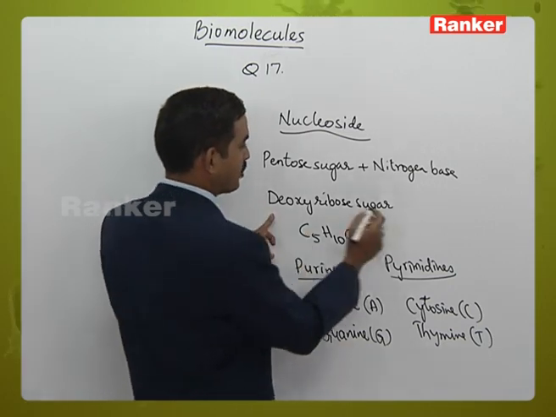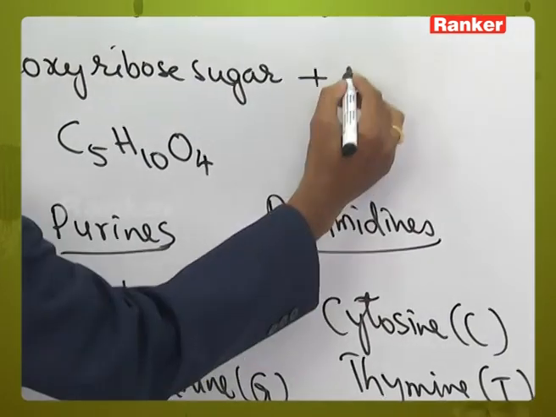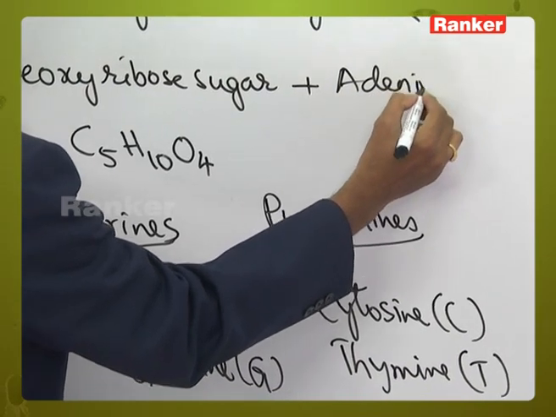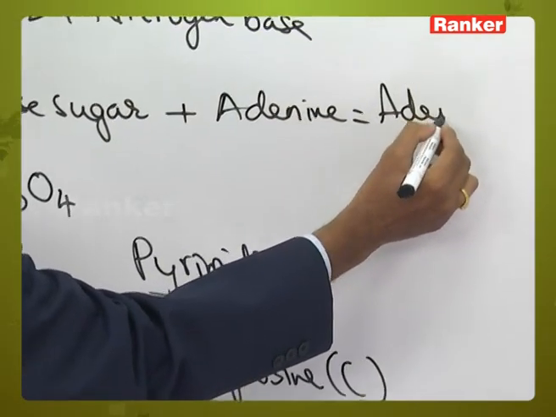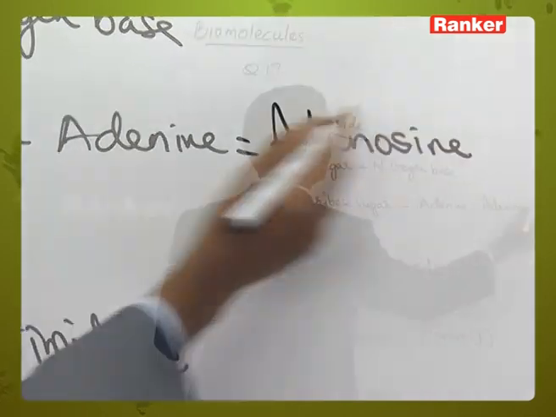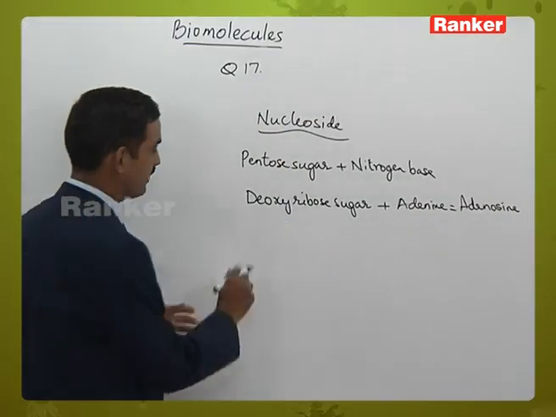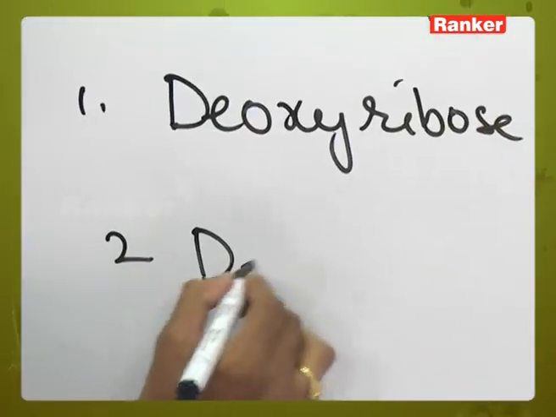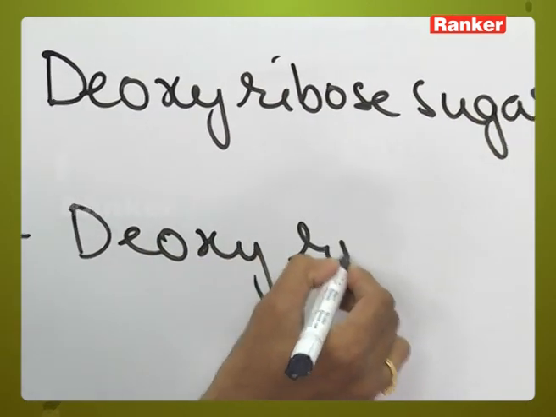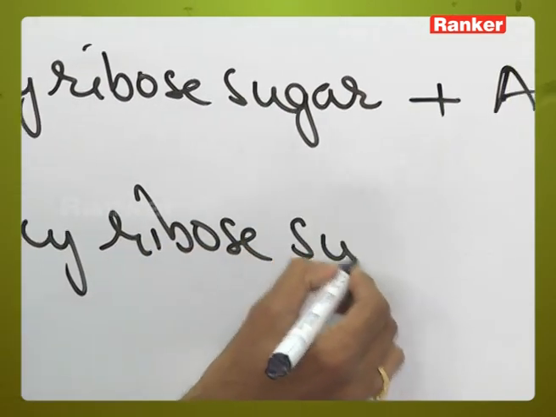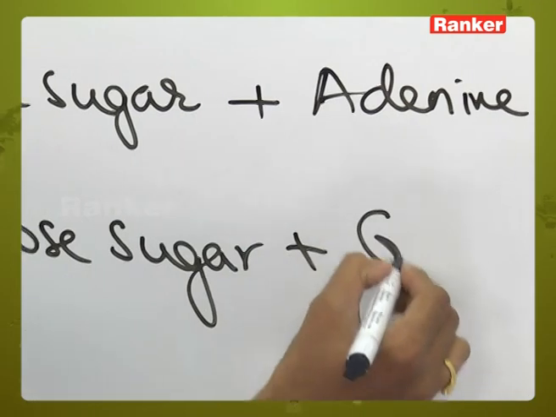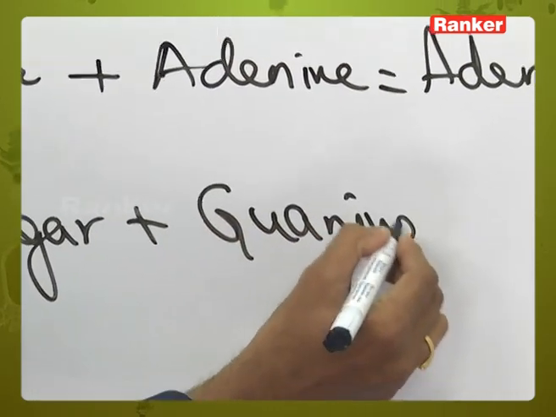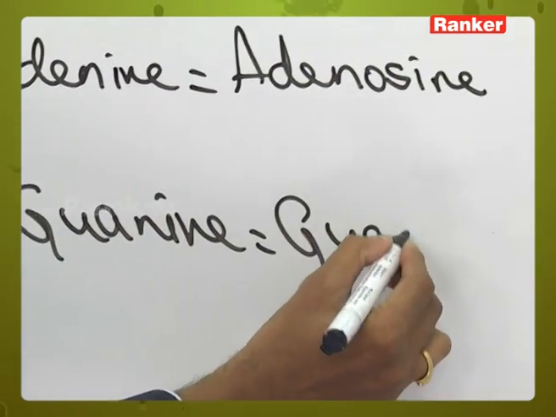This deoxyribose sugar along with adenine will form adenosine. This is the first type. Then deoxyribose sugar plus guanine will form guanosine.